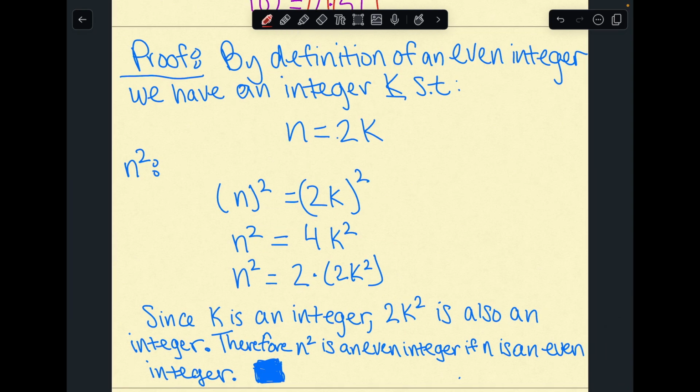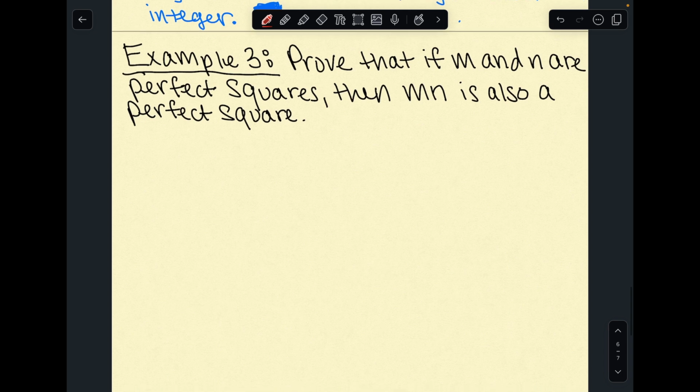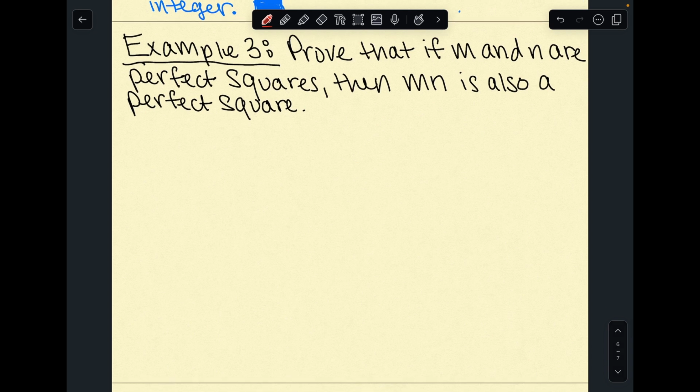So let's move on to the final example in today's video. We want to prove that if m and n are perfect squares, then m times n is also a perfect square. Very similar to our previous example, we want to make sure we are familiar with the definition of a perfect square.